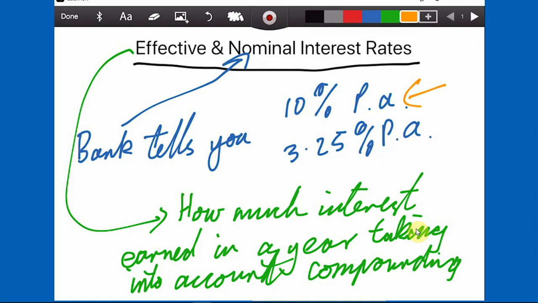So nominal is what the bank tells you. Effective is looking at how much money you've actually earned in interest, and comparing that over the 12 months, which takes into account the compounding.